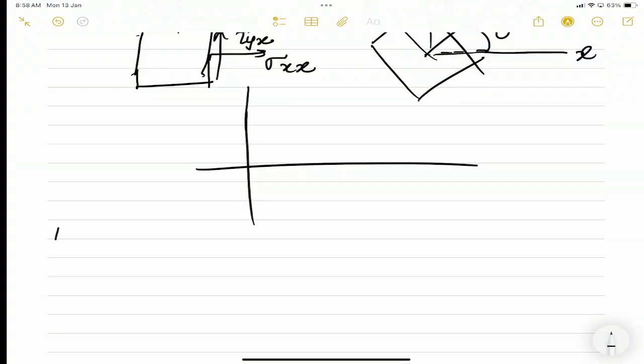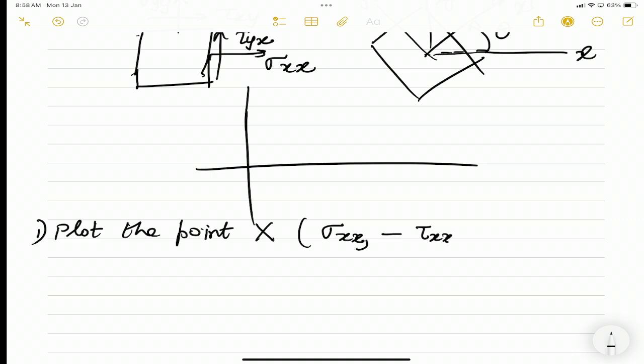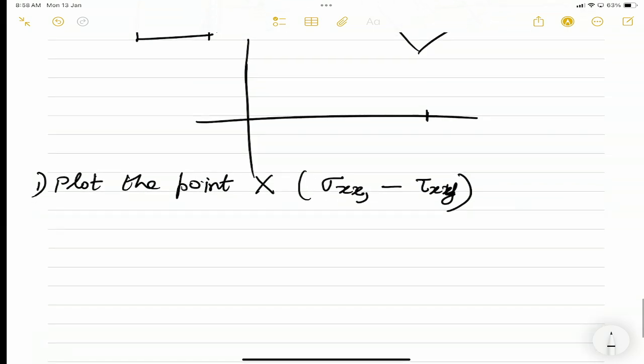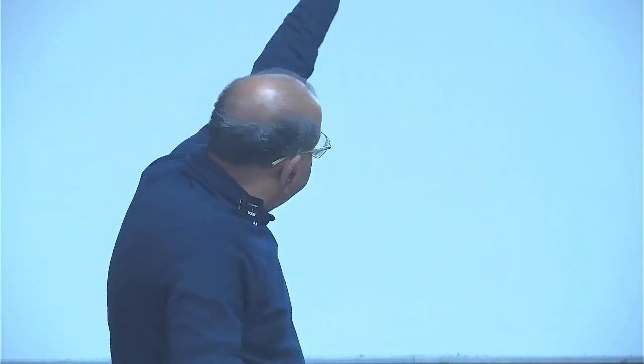So the first thing is, we plot the point x, which is, so I will go to sigma xx on the x-axis and so the right face, I call it as point x. So on this sigma tau axis, I go sigma xx and come down minus tau xy.